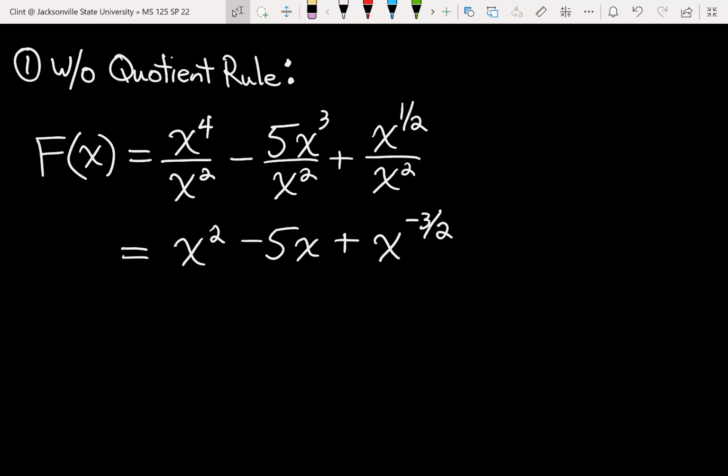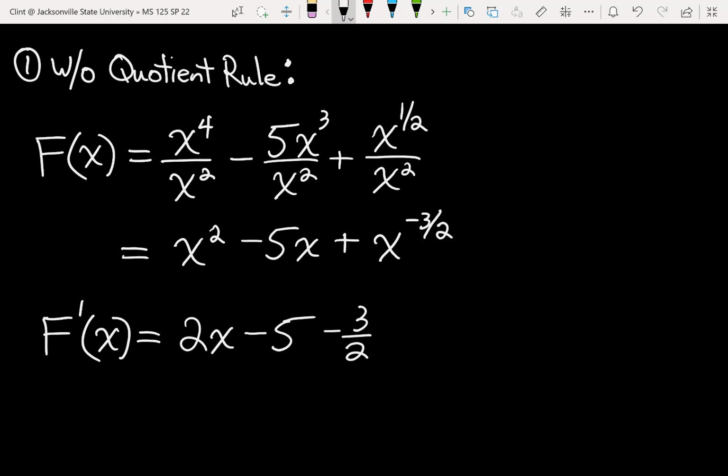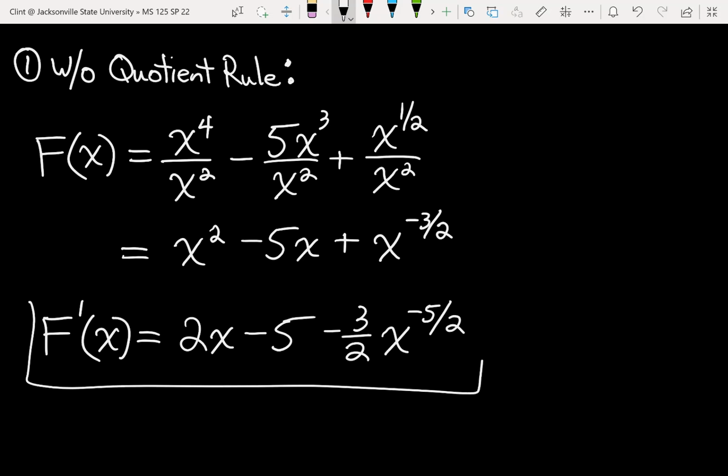And then we can do power rule, so f prime is 2x minus 5 minus 3 over 2 x to the negative 5 over 2. That's one way.